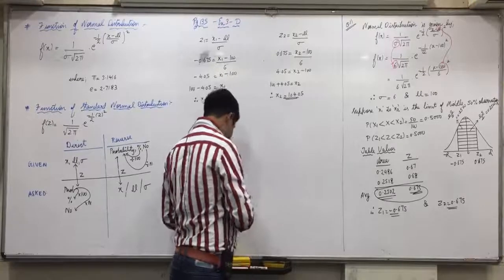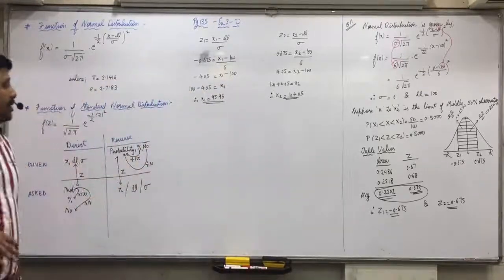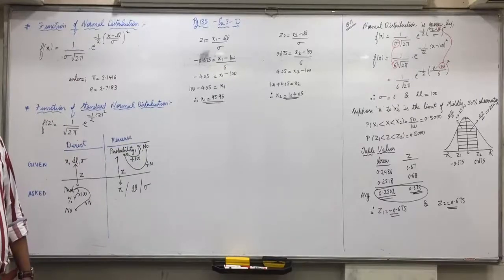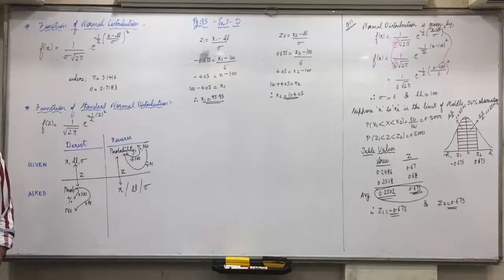What is the limit of the middle 50% of observations? 95.95 to 104.05. Is everyone of you clear with this? So write down that at the end.